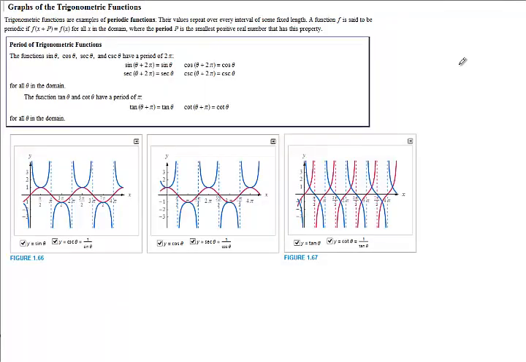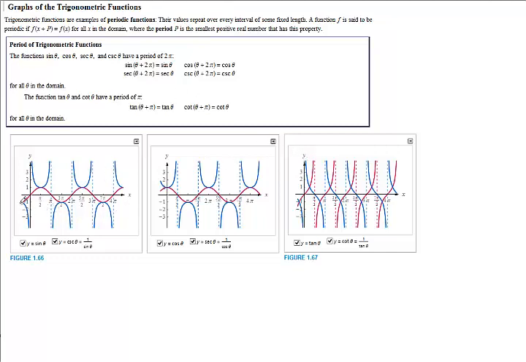As a quick review to graphs of functions, you'll need to know how to find the period. The period of sine, cosine, secant, and cosecant are both 2 pi, and the period of tangent and cotangent are pi. Here are the graphs of each.